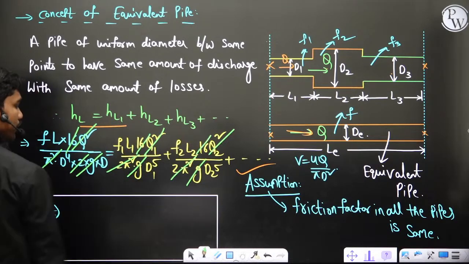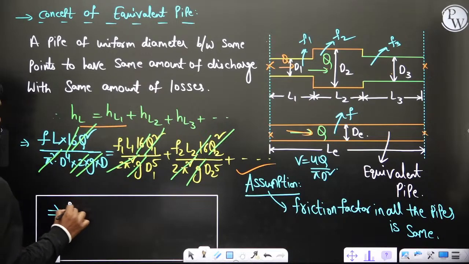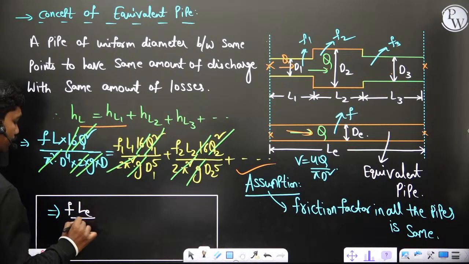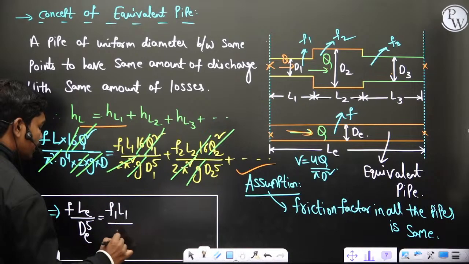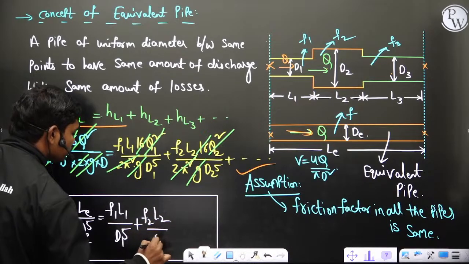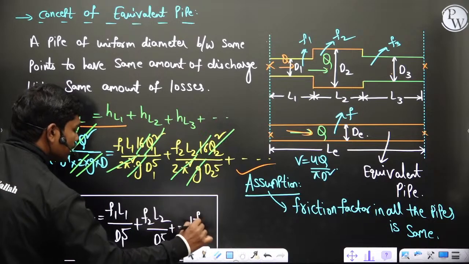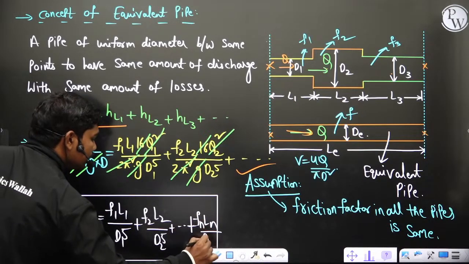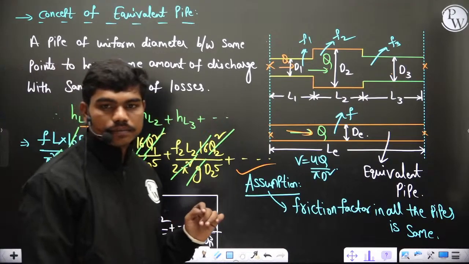Then you have the equation something like F LE by DE power 5 is equal to F1 L1 by D1 power 5 plus F2 L2 by D2 power 5 plus and so on. If you have n pipes, Fn Ln by Dn power 5 actually. Okay, so this is what you have, correct?